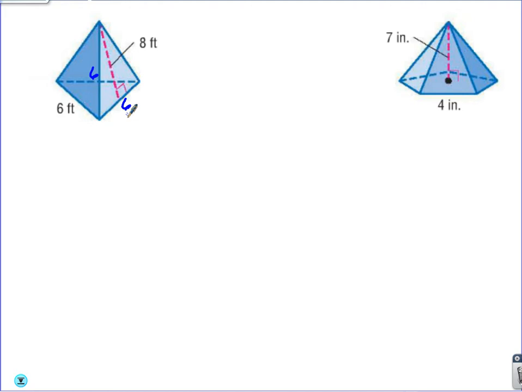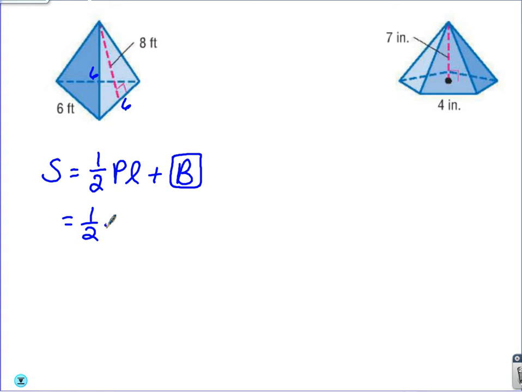In order to find the surface area, we're going to do the lateral area, 1/2 times P times slant height, plus the area of the base. The reason I like this problem is because let's talk about how to find the area of a triangle that's got all 3 sides of 6. We'll do that later, so we're going to save big B till later.